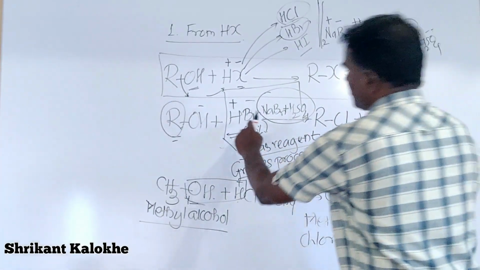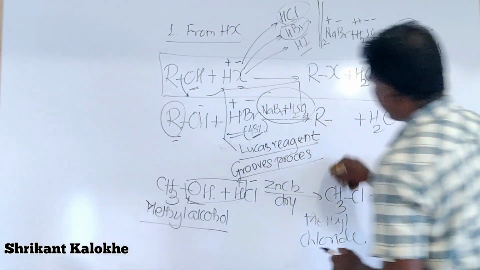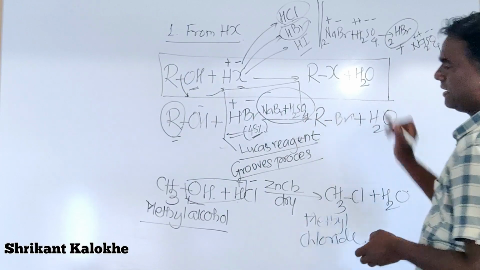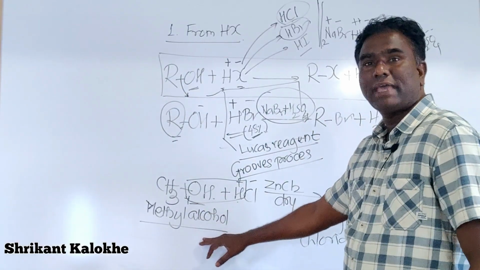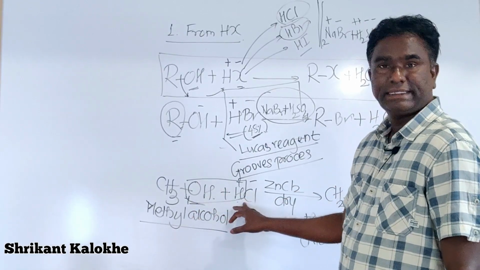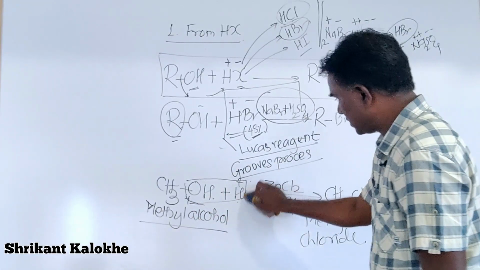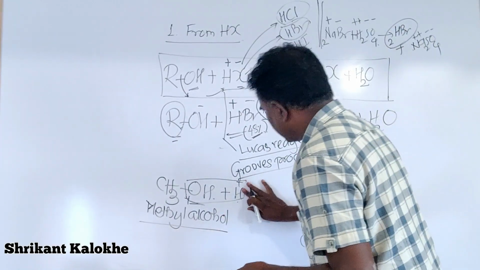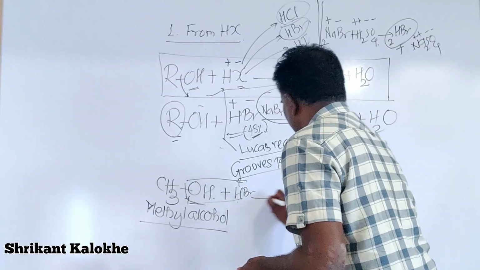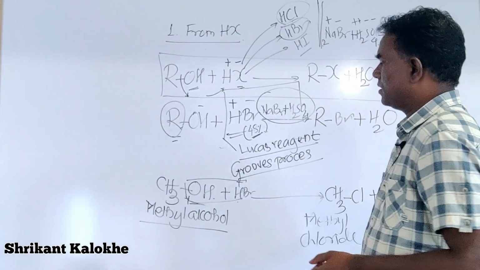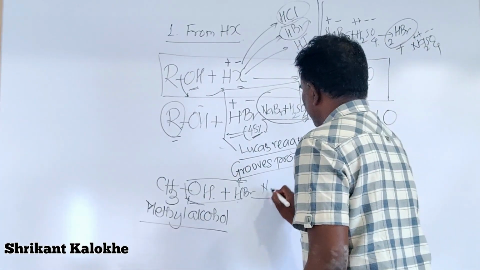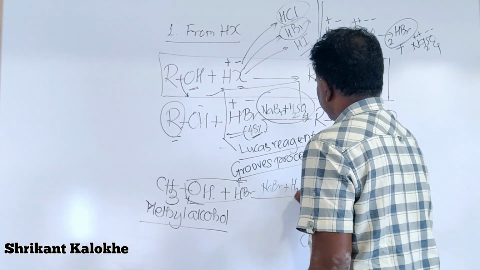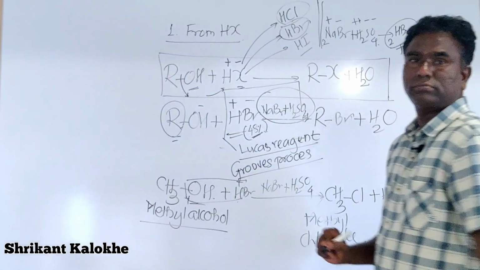Now if we are treating with Br, we have to replace the chloride by Br, and we will get RBr, meaning alkyl bromide. In the same example which we discussed for HCl, we have to replace the reactants for this specific case. We have to take HBr, and on the arrow we have to write the mixture NaBr plus H2SO4 and heating.